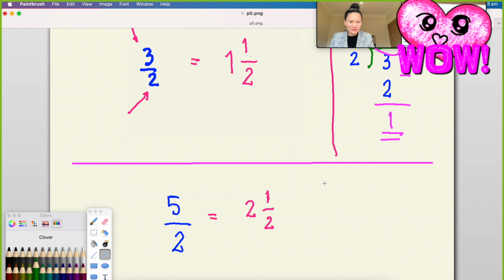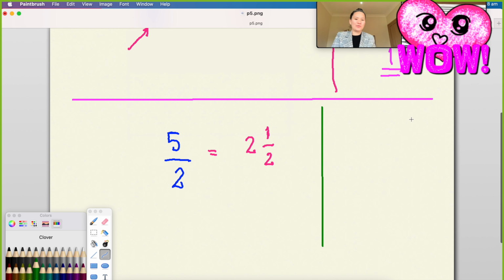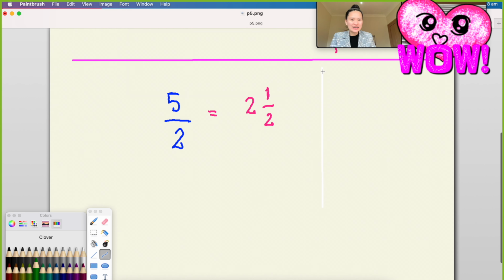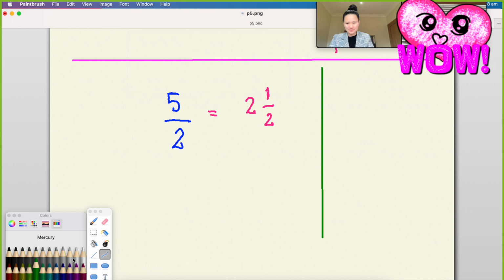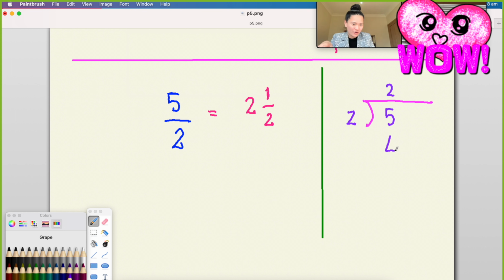Or another option, I'll show you how if we divide them like this. You put 5 inside here and then you put 2 here. 5 divided by 2 is 2. 2 times 2 is 4, you put 4 here.